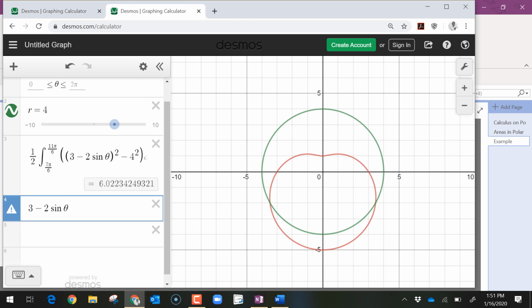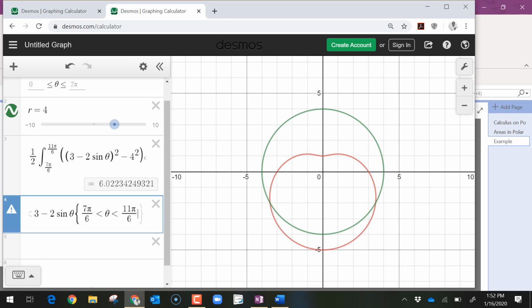Sorry. 4 less than r less than, 7 pi over 6 less than theta less than 11 pi over 6.